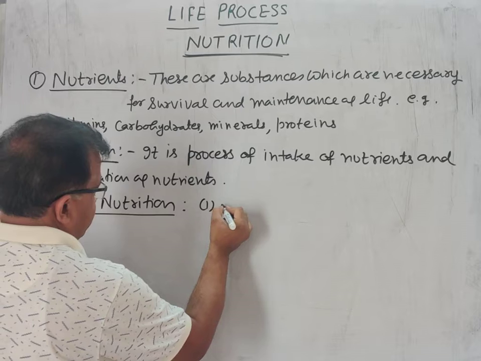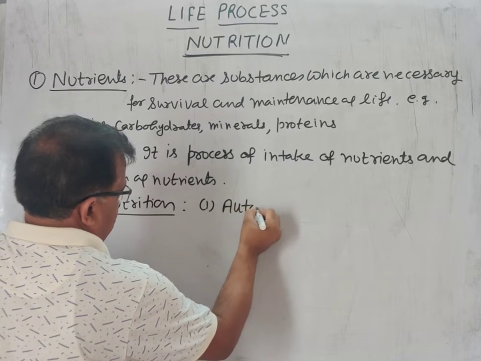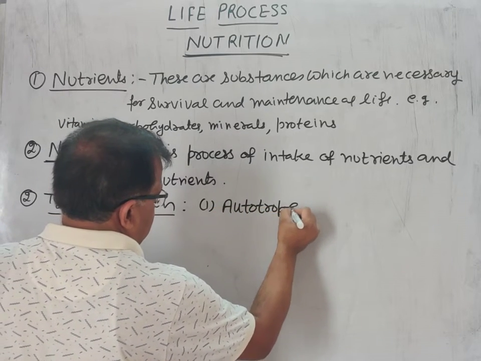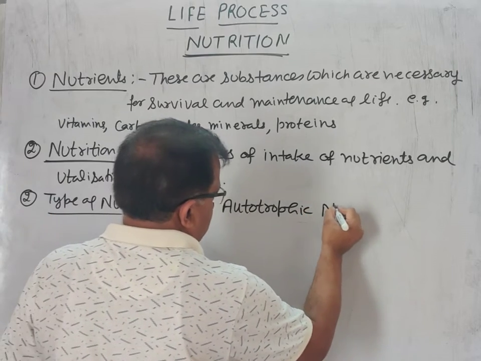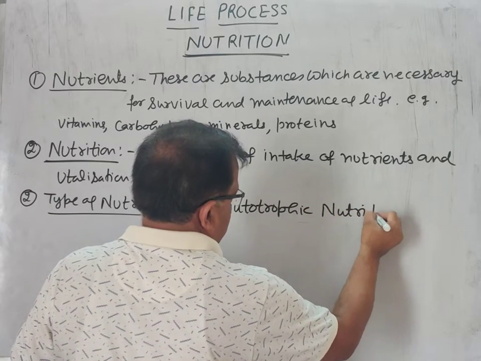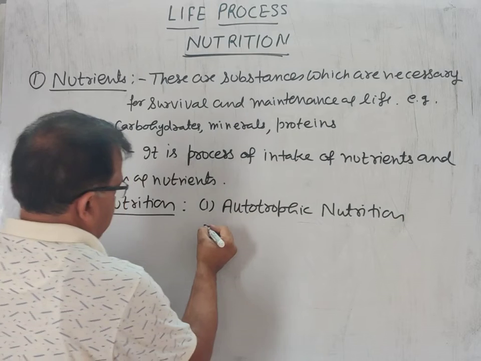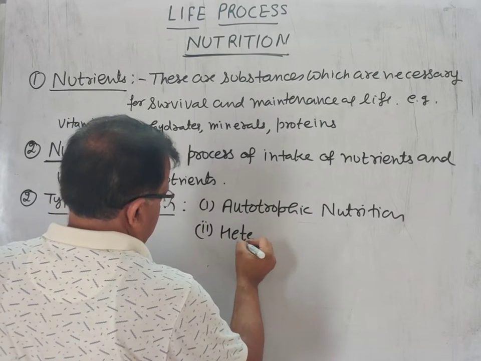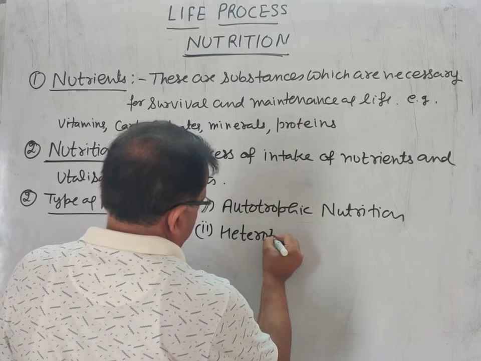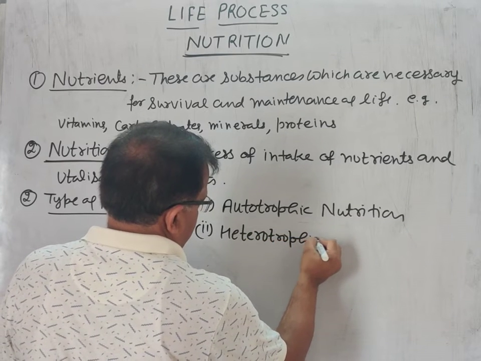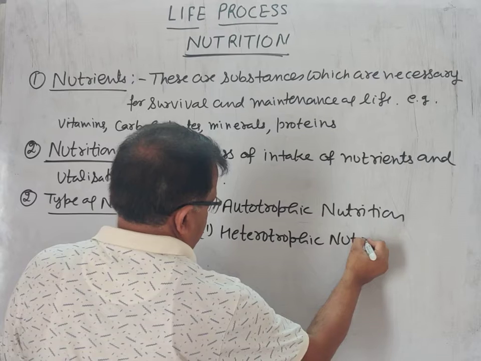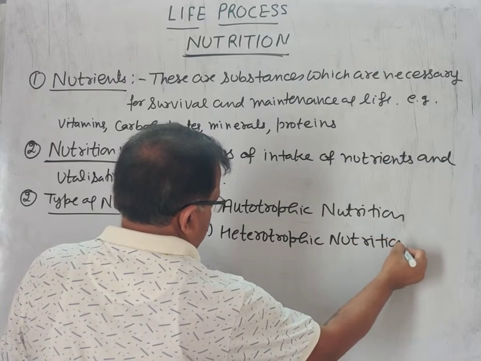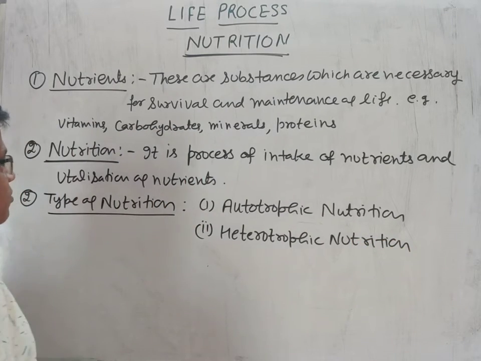Number 1, autotrophic nutrition, and number 2, heterotrophic nutrition. So now we shall study the meaning of autotrophic nutrition and heterotrophic nutrition.